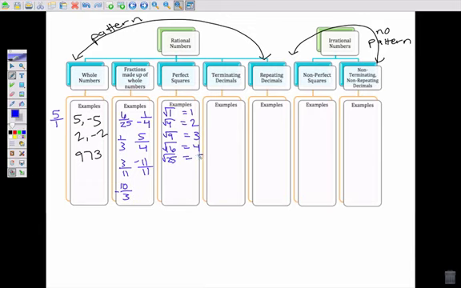That's equal to 5. Then we have the square root of 36, which is equal to 6. We have the square root of 49, which is equal to 7. The square root of 64 is equal to 8. The square root of the next one would be 81, which is equal to 9. And then we have the square root of 100, which is equal to 10.